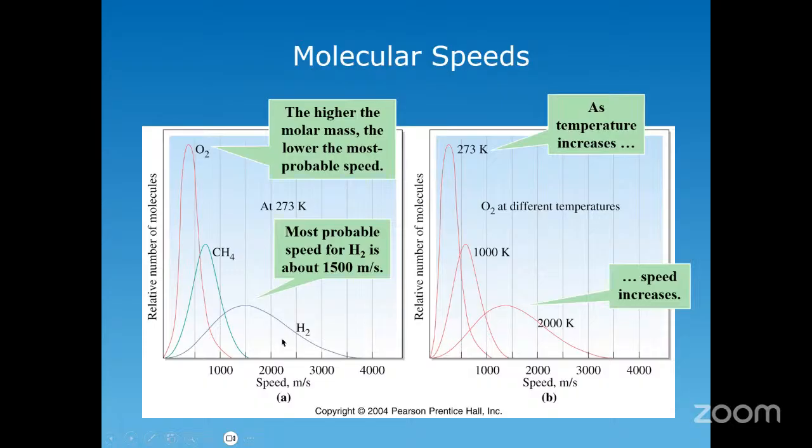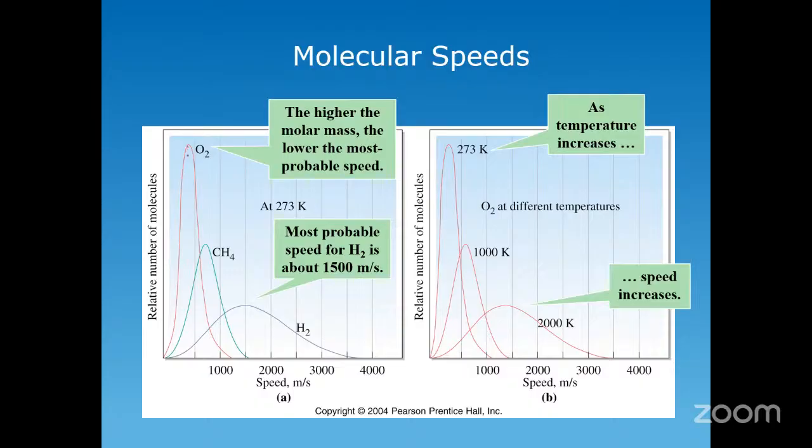Now, how do we get the root mean squared speed from the graphs? What you have to do is look at the maximum point of the graph. Let's say we do that for oxygen, and we drop a vertical line, and where it cuts the x-axis, that would be the root mean squared speed. I don't know if I can do this accurately.